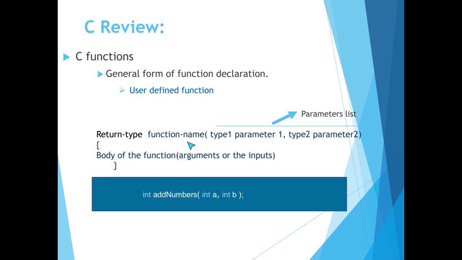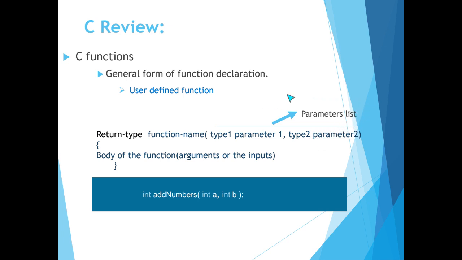Then, by following the rules related to naming of variables or functions, we choose the function name, and after that the type of parameter, name of parameter, and a comma if there is another parameter, again the type of the other parameter and its name.